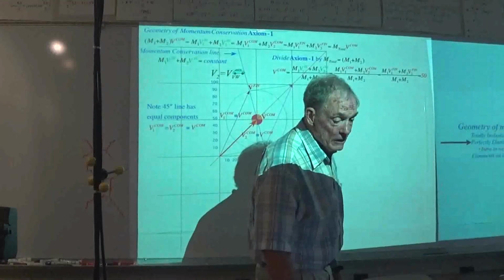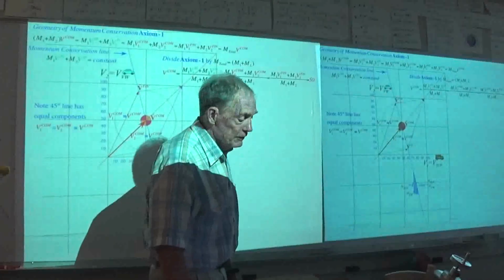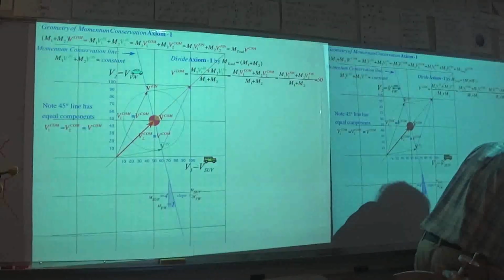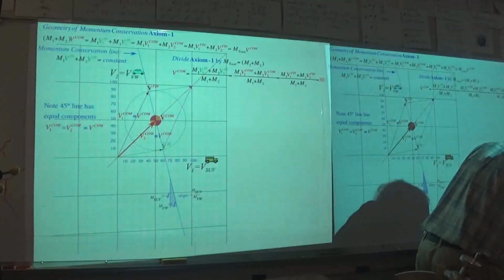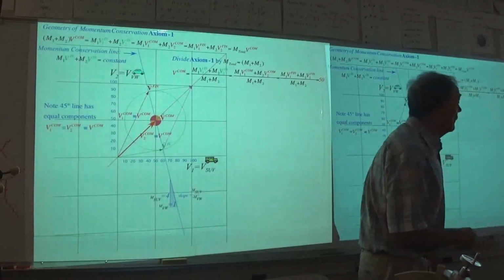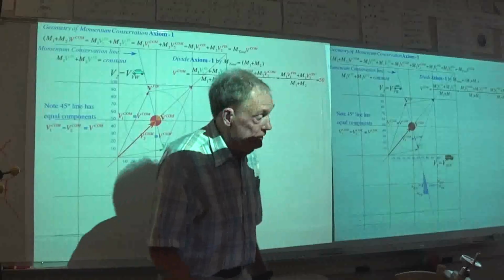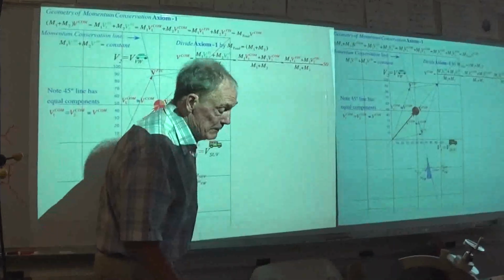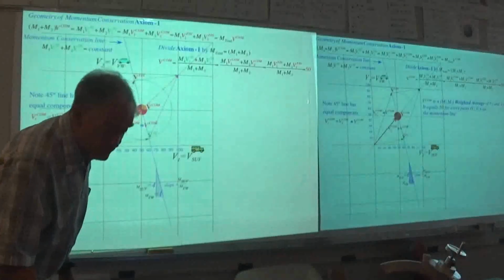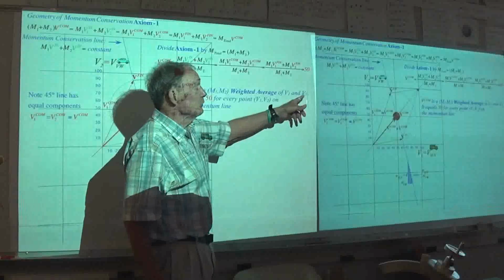Okay, so there's the really important equation to take advantage of in this beginning of the development of this algebra right here. And one of the things that should be pointed out about this construction is that what we're diagramming here, and this is used for a lot of things in statistical mechanics and physics, is the weighted average of two velocities.